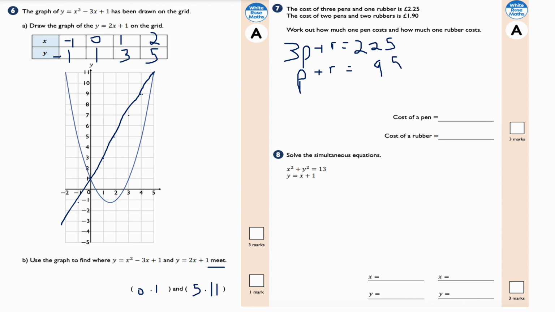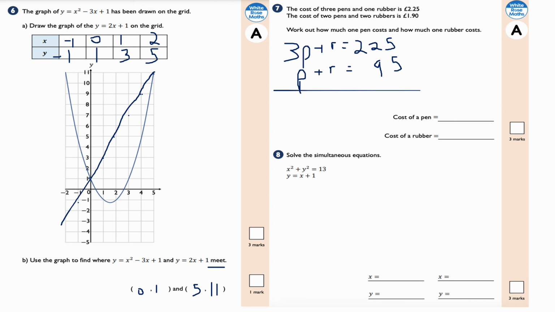That means the same thing. So 2p plus 2r equals 190 is the same as saying p plus r equals 95. You can double check that for yourself. 2p plus 2r does equal 190 from the second equation. Therefore, that's the same as saying p plus r equals 95.